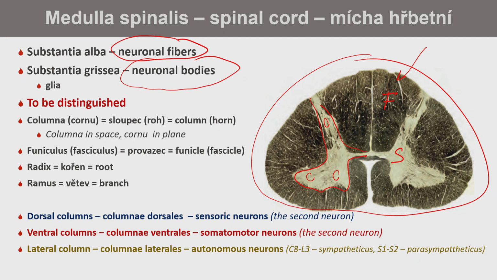Then fasciculi or funiculi. Do you know what is the difference between fascicle and funicular in English or in Latin? Fascicle is only when you have the branches of the one tree, which is bound by some ligature. And funicular, you know, you are skiing probably, and you know what is a funicular.